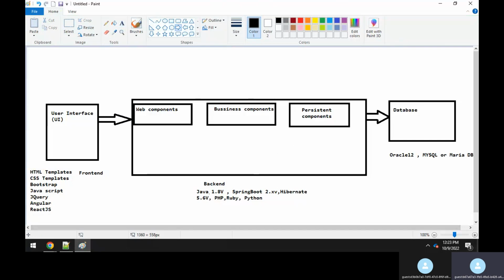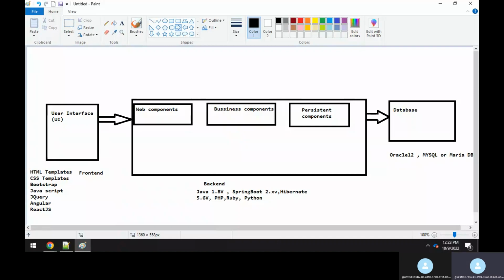He has to install Java 1.8, Spring Boot, everything. He needs a web framework where he can start writing code, and he will develop the whole project code. That's what the developer does.